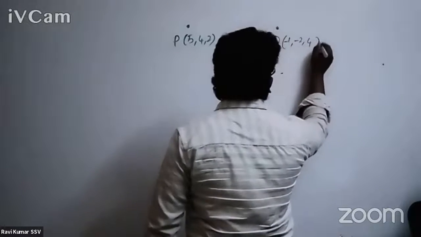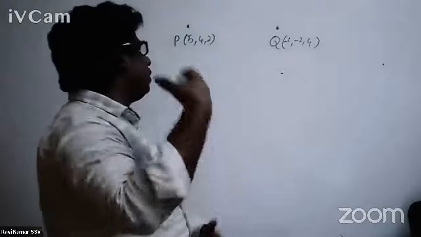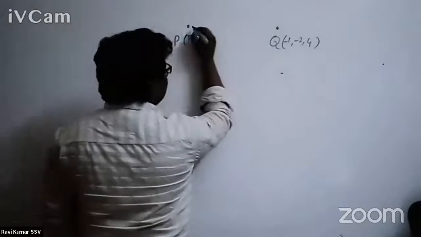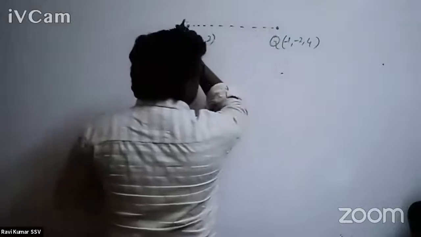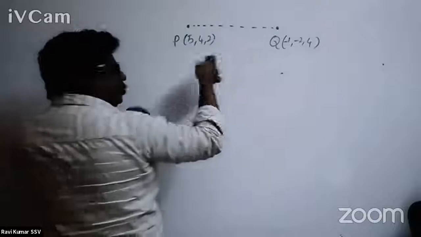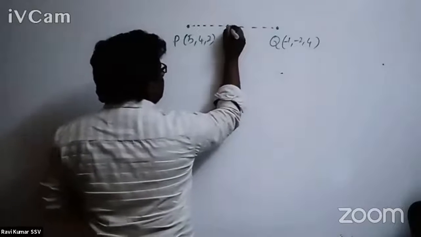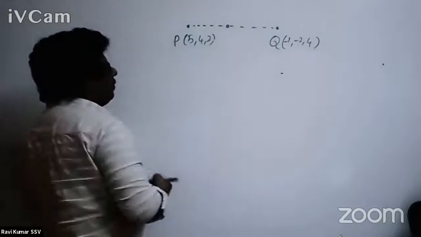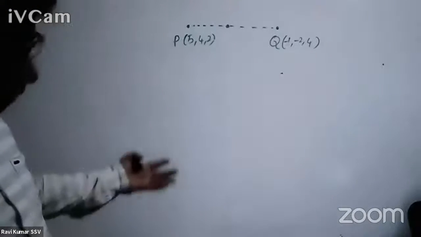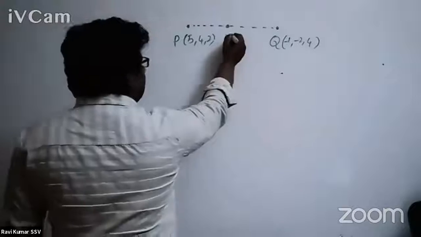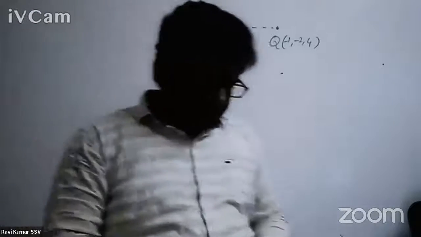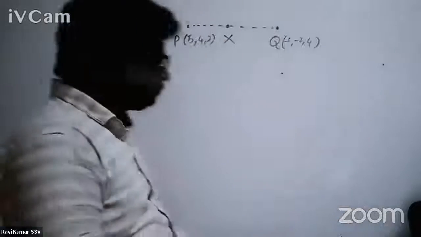And one more point in between divides this line into two parts. What will that point be denoted by? Any letter, you can use x. So you need to find the x point. How can you find it?